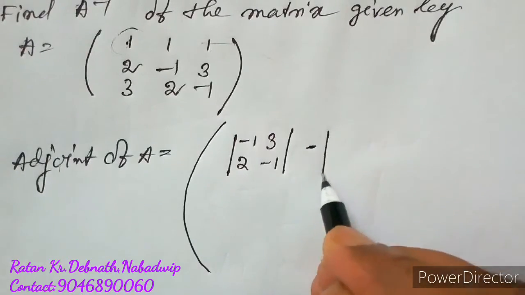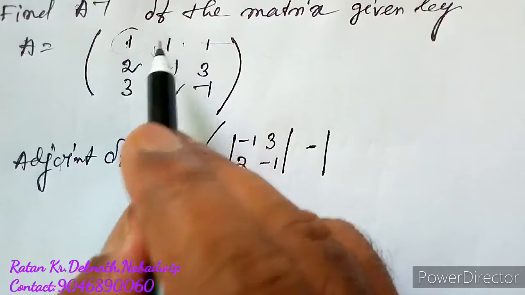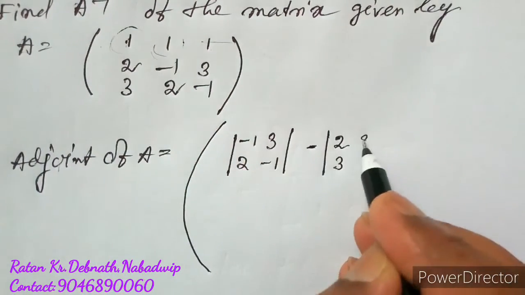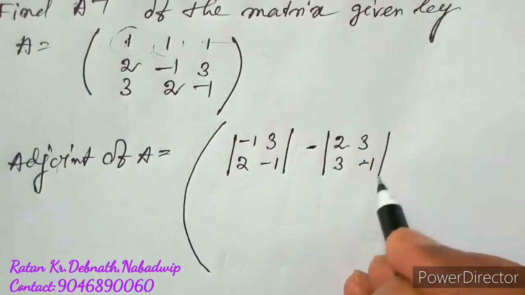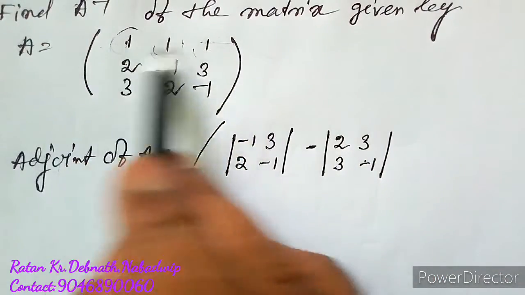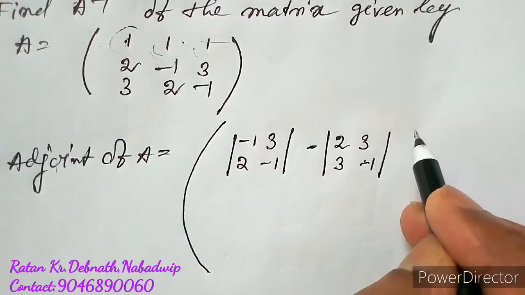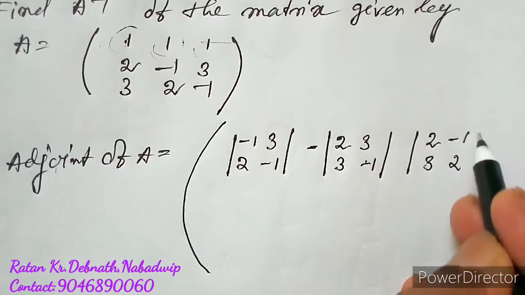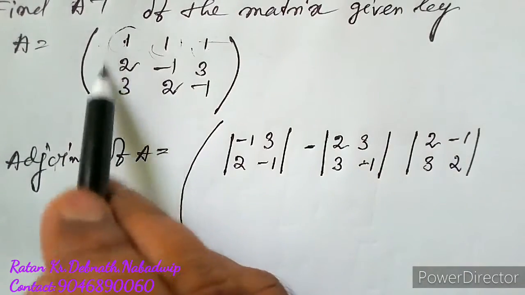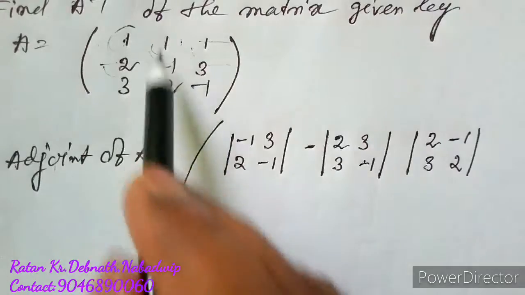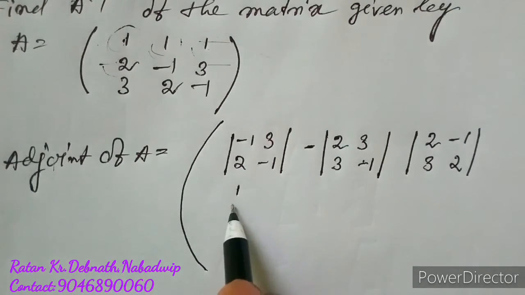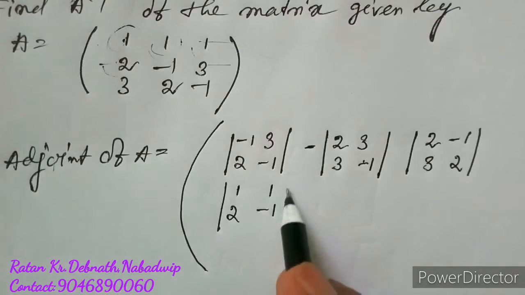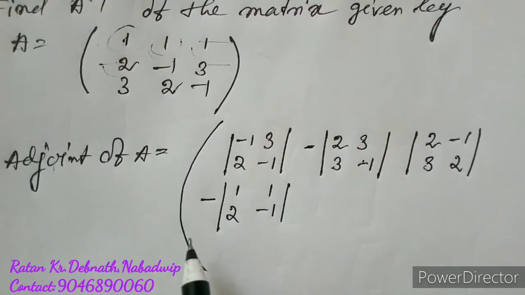Second element, so negative, cofactor of these row suppress, this column suppress, 2 3 3 -1. Cofactor of this row suppress, 2, 3, -1, 2. Cofactor of these row suppress, this column suppress, 1, 2, 1, -1. Negative sign will be there.